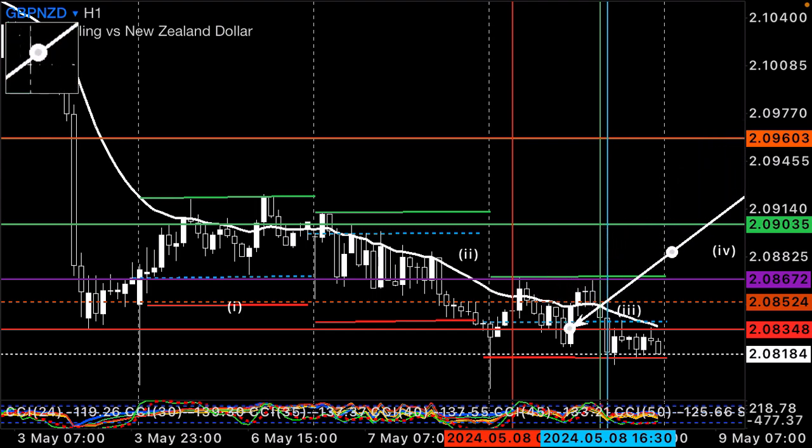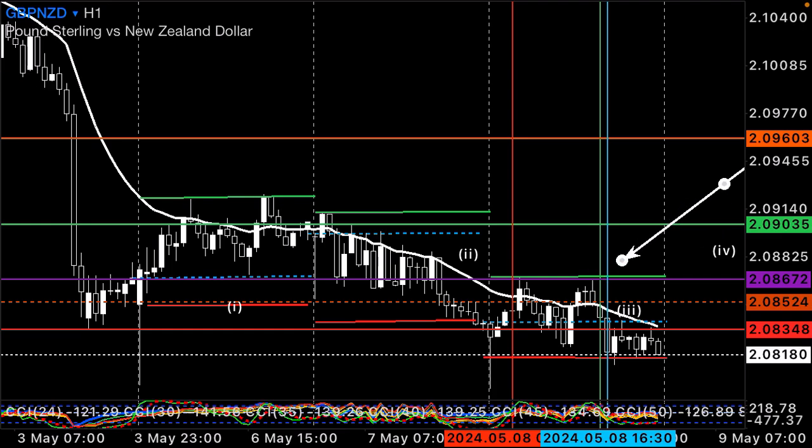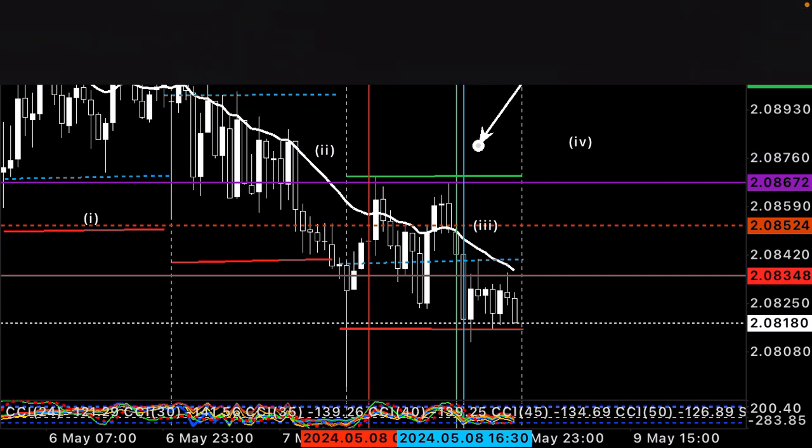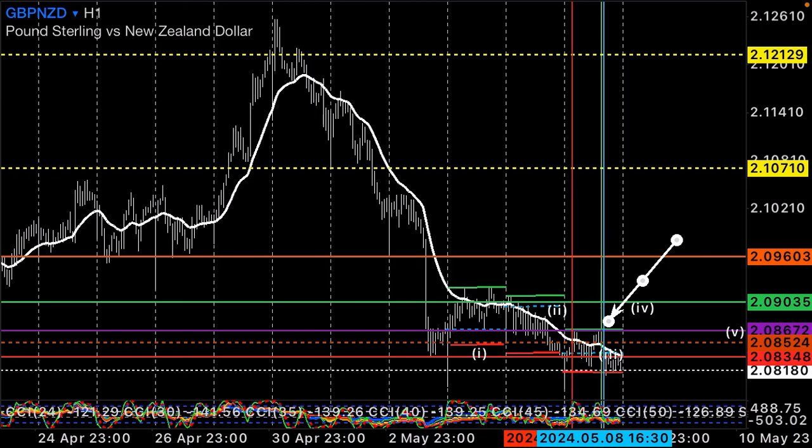So market comes down, comes back up, and comes about around the same level, which can also be considered a new day low.